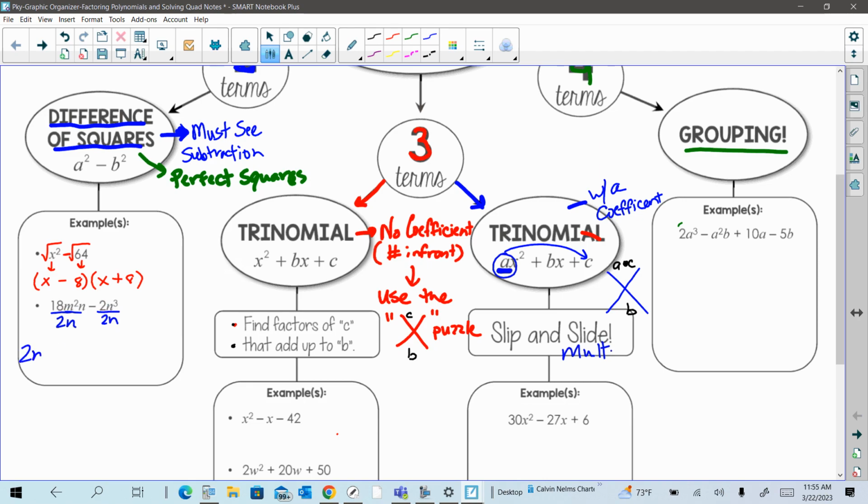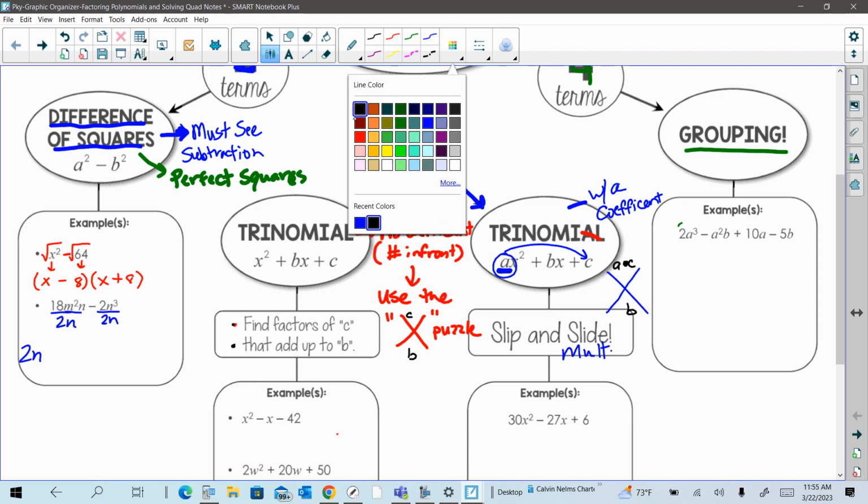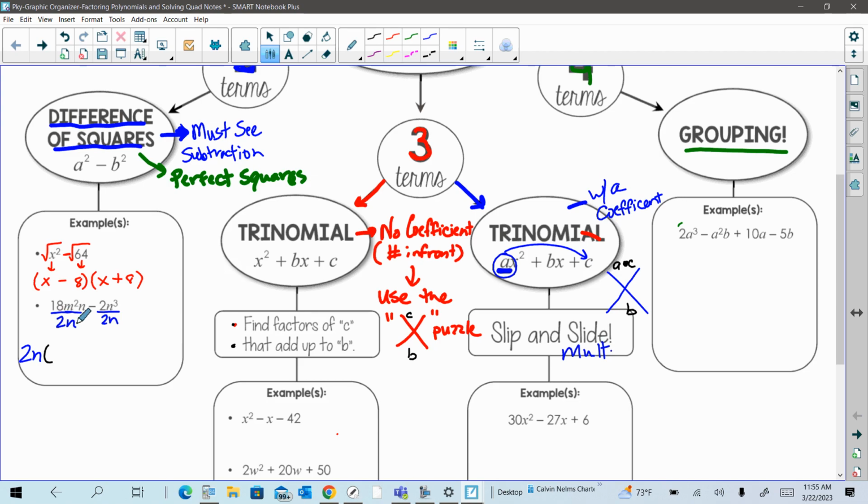That means this 2n is outside the parentheses, and we're just going to do the division. 18 divided by 2 is 9. The n's here cancel, leaving me with 9m squared. The 2's are going to cancel, and this is just going to be n squared.